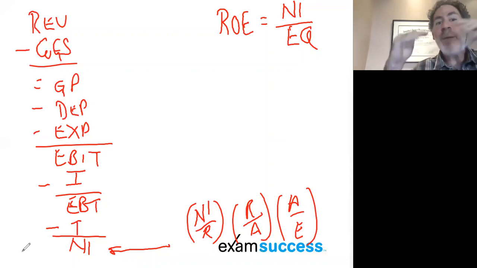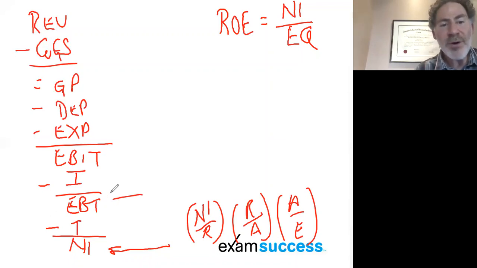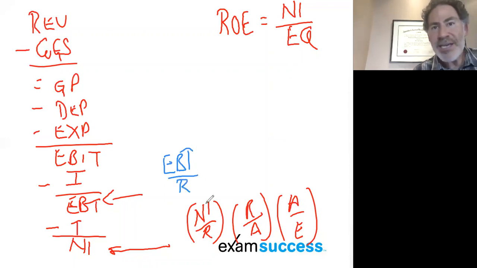So now here's my little remembering tool here, looking at this income statement. If I now move up one layer on this income statement to go here to earnings before tax, to remove the tax burden, what happens to my equation now? Okay, well, now what I do is I'm going to write in blue the new terms. I'm starting with earnings before tax, EBT, over revenue. This is my pre-tax margin.